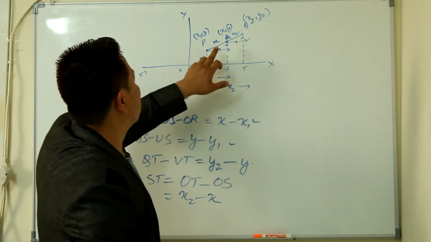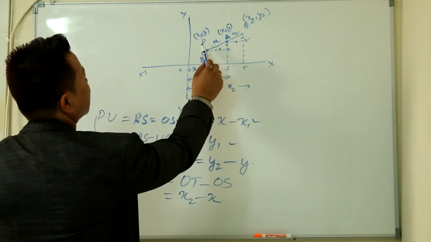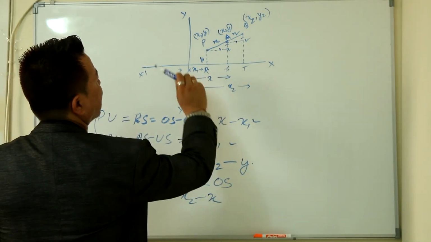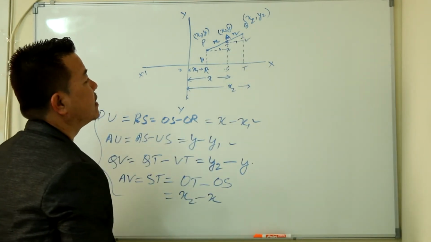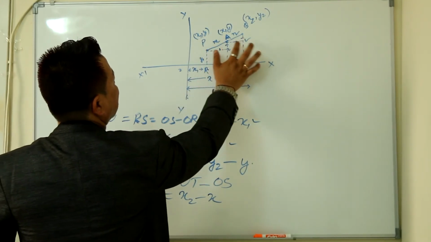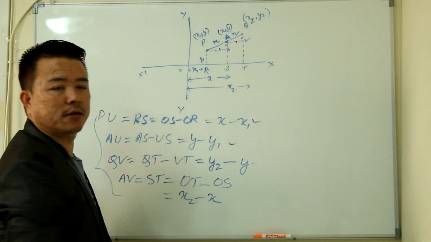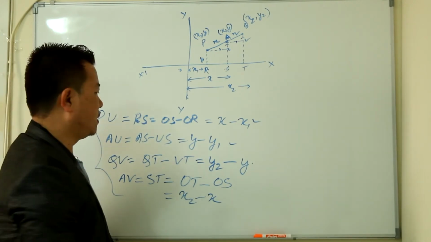So now see this triangle properly. Triangles PUA and AVQ are similar triangles. So in similar triangles, corresponding sides are proportional.